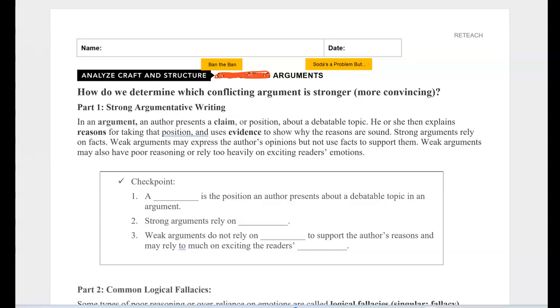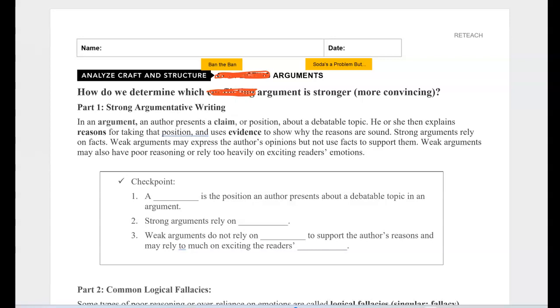They don't think the government should ban certain size sodas, but they go about supporting their claim differently. So what we're actually looking at is which argument is a stronger argument. That's the goal of this assignment, to figure out which argument has the most strength.